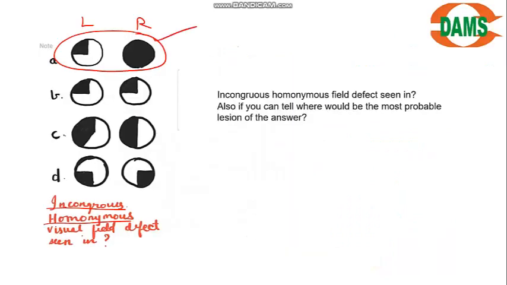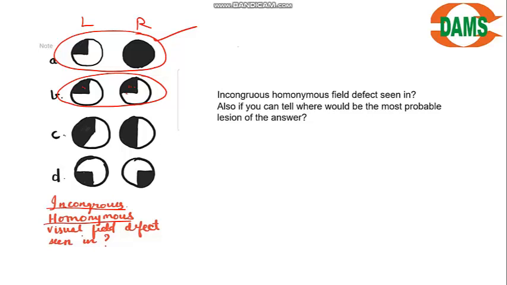What do you think A is? A is of course an incongruous defect. It is bilateral and incongruous, but here you cannot say whether it is homonymous or heteronymous. Here you can say it's a bilateral defect and it is symmetrical, congruous, and left homonymous.